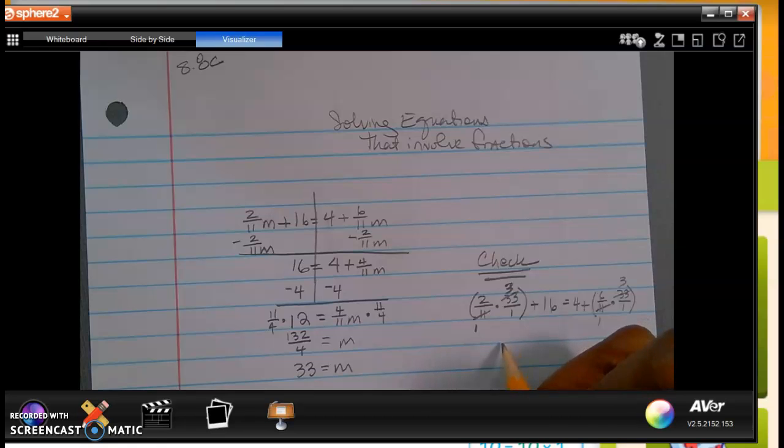So now when it's time for me to move this down, this becomes 6 over 1, or I'm just going to write 6. 6 over 1, remember, is 6. 6 plus 16 is equal to 4 plus, and that becomes 18 because 6 times 3 is 18. 18 over 1 is just 18. So 6 plus 16 is going to give me 22. 22 is also what I get from over here. So is that correct? Yes, it is.